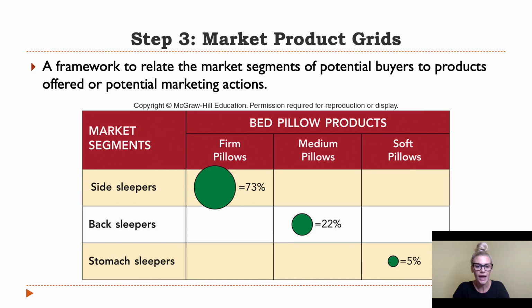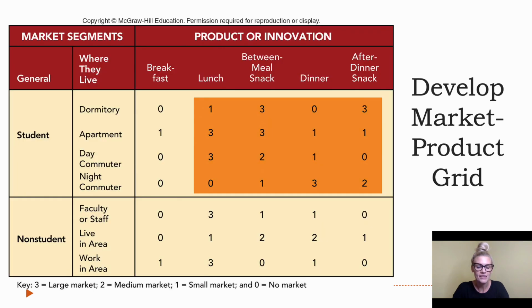So if we come back to, let's say, that Wendy's example I was giving you, in this case, we can see we have market segments. So we grouped the consumers into students versus non-students. And then we segmented further. So now we have students who live in dormitories on campus, students who live in apartments, and then students who are day commuters or night commuters.